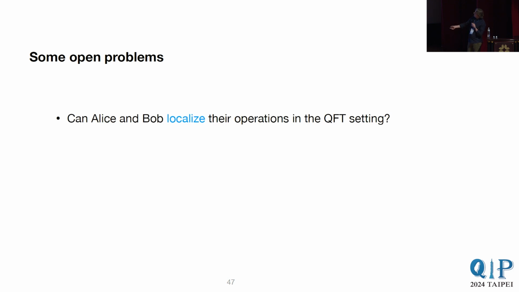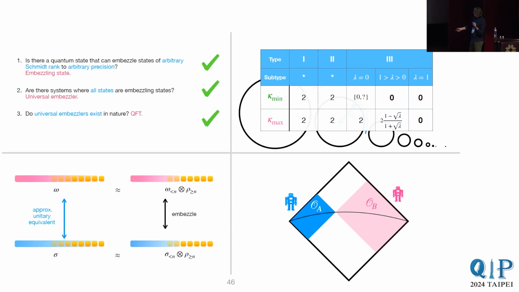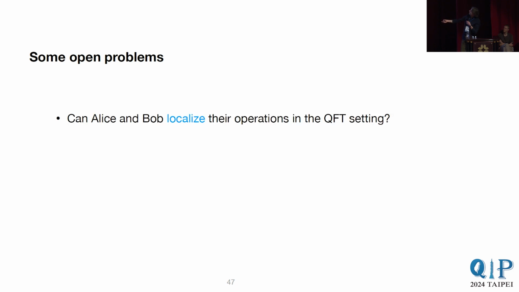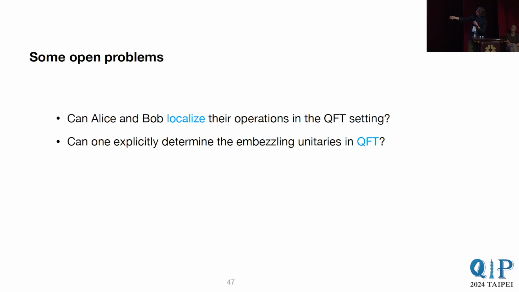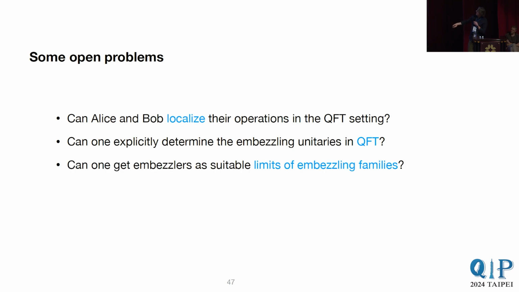With this, I will come to some open problems which you might want to think about. The first one, which I ignored so far, is in the setting of Alice and Bob, maybe let me jump back once more. Here we had Minkowski space split into these 2 regions, and of course these regions are unbounded. The question would be, can we actually localize these operations? And can we explicitly determine them in a QFT?